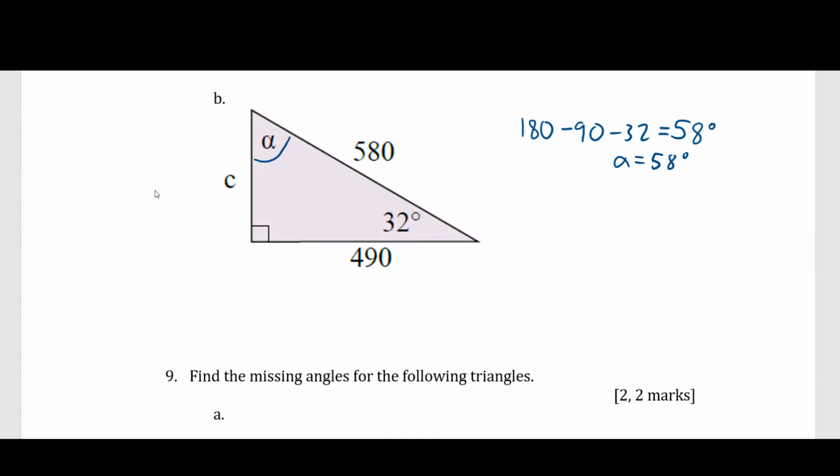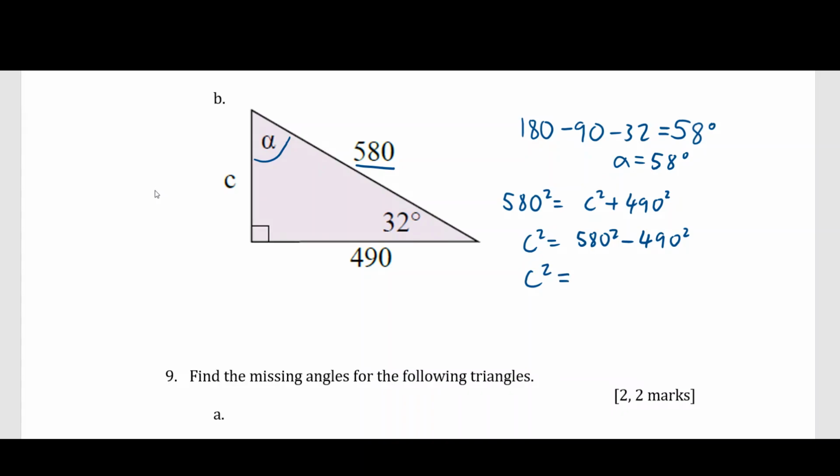Okay. And this unknown side C. So here's our hypotenuse, 580. We can use Pythagoras. So it's going to be 580 squared is equal to C squared plus 490 squared. So C squared is going to equal 580 squared, take 490 squared.